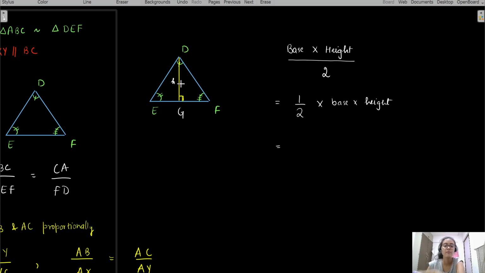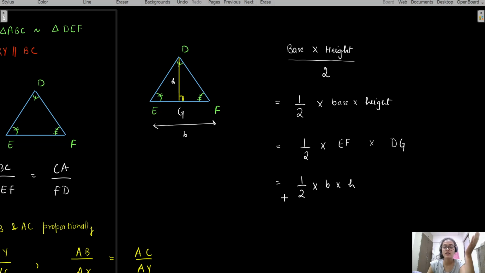Now if I'm considering this particular height DG, so I get half times height DG, and the base becomes EF. Let's say that the length of the base is b units, so we get 1/2 times b times h.